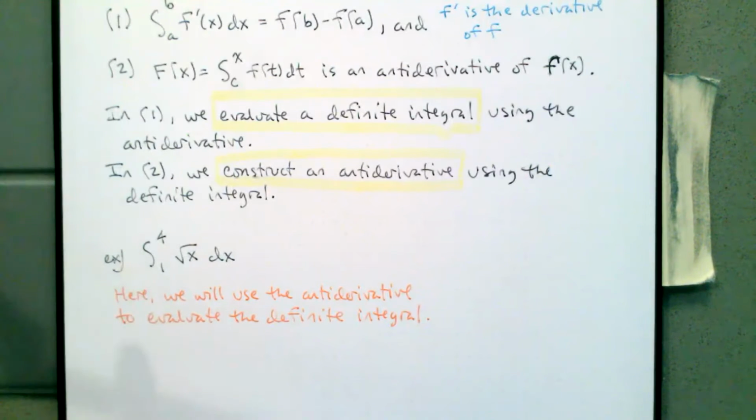So we find the antiderivative. We read the square root of x as x to the 1/2 power.